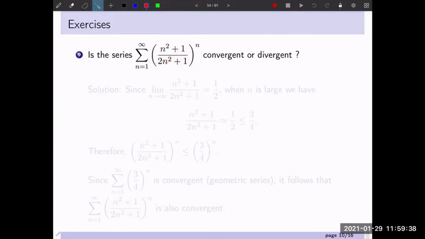Then you can see that when n tends to infinity, this is roughly 1/2 because this is 1 times n squared divided by 2 times n squared, right? So the limit of this would be 1/2. So how do you get the limit?